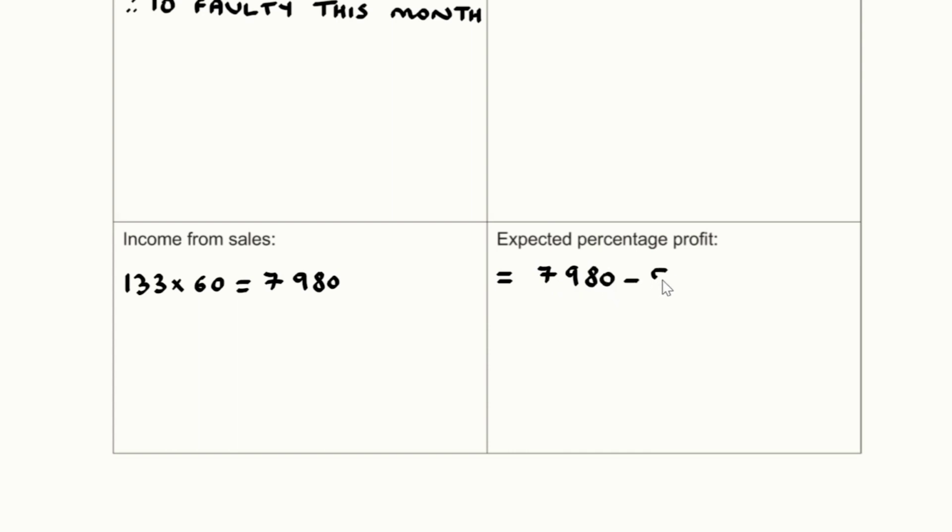So the expected percentage profit, we've got 7,980 minus 5,437, divided by 5,437, multiplied by 100.